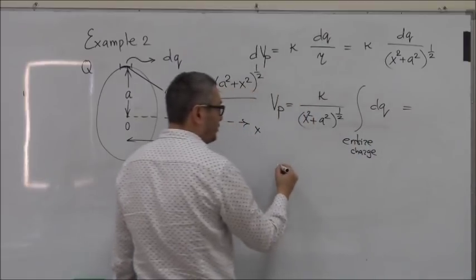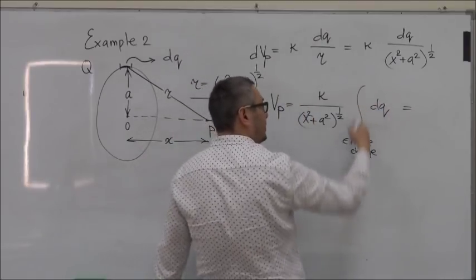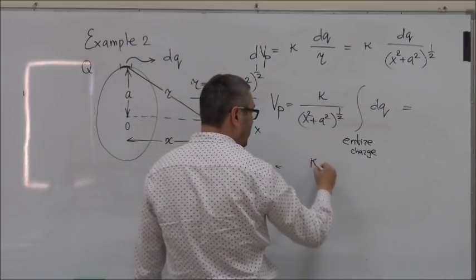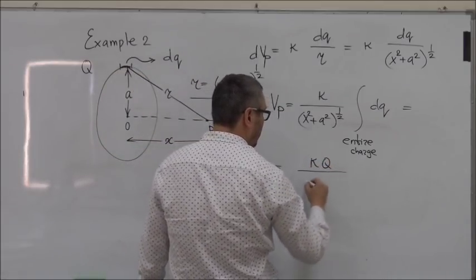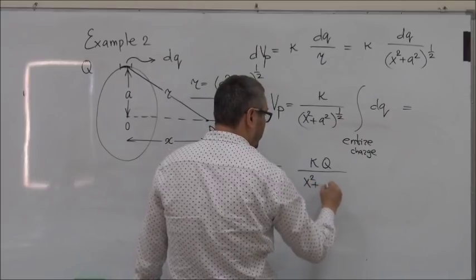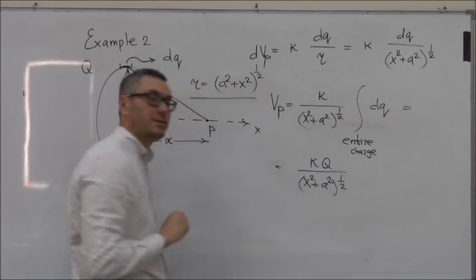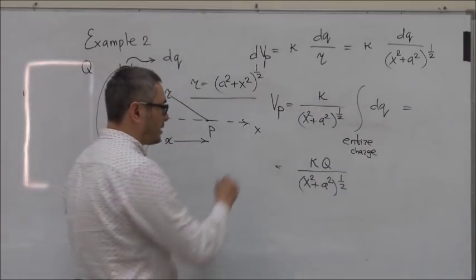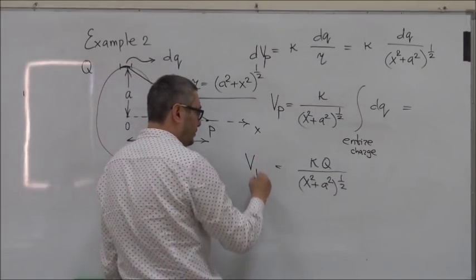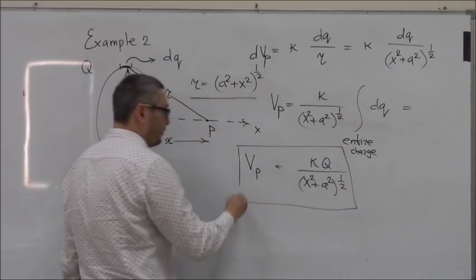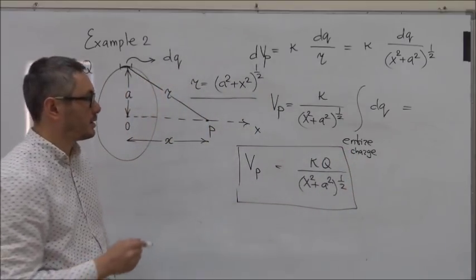So this is equal to, integral of dq is just total charge q. So we get k q over the square root of x squared plus a squared. Okay, so let's remember this result, as we're going to need it for the next problem, which will be a little more complex.